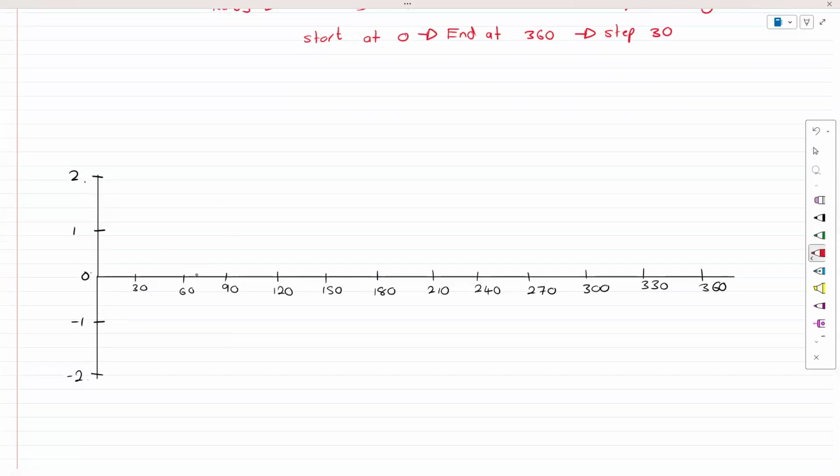0 is 0. 30 is 0.5. 60 is 0.86. 90 should be 1, okay? 90 would be 1. 120, it would continue on this part. Later on, you'd understand why.